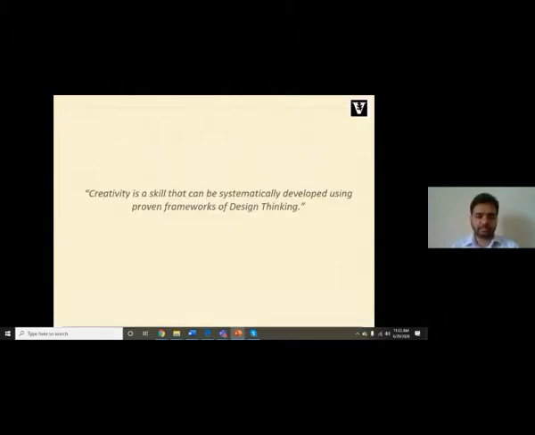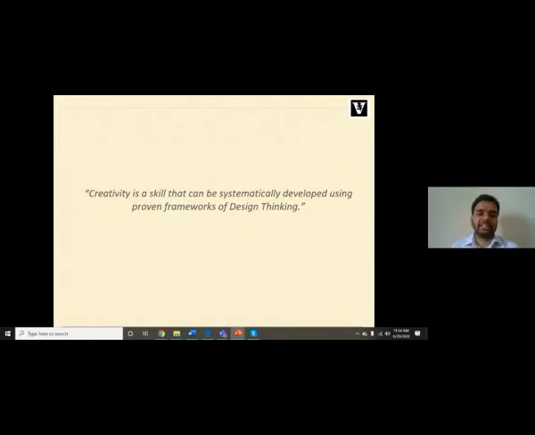So let's start with one principle that we believe in: creativity is a skill that can be systematically developed. And design thinking instructors believe that design thinking can be used to foster creativity skills in individuals.